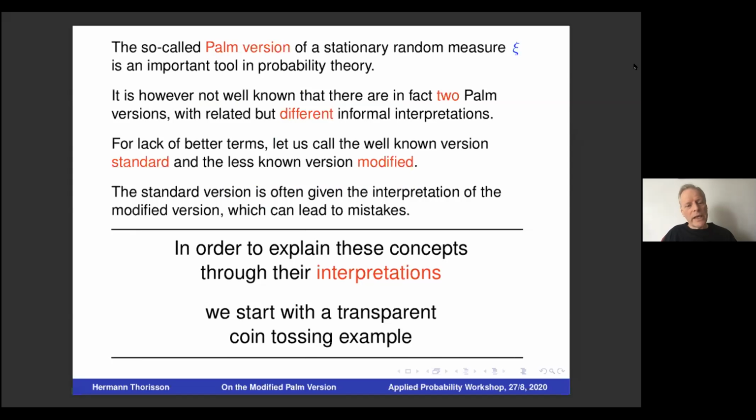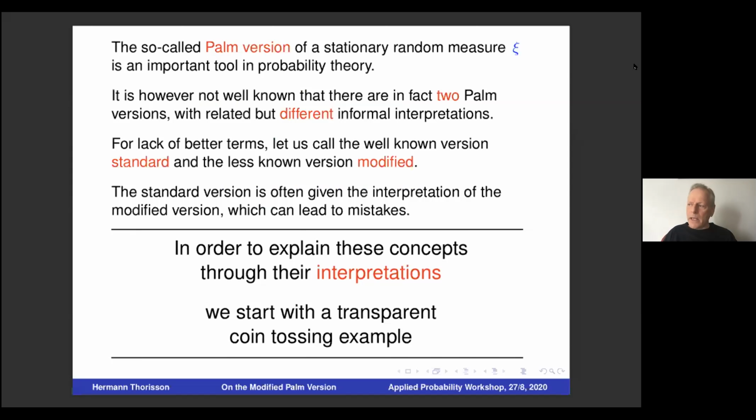Actually, why is it Palm with a capital P? Well, it's because a guy named Conny Palm, around 1940, was working at Ericsson, the Swedish telephone company.